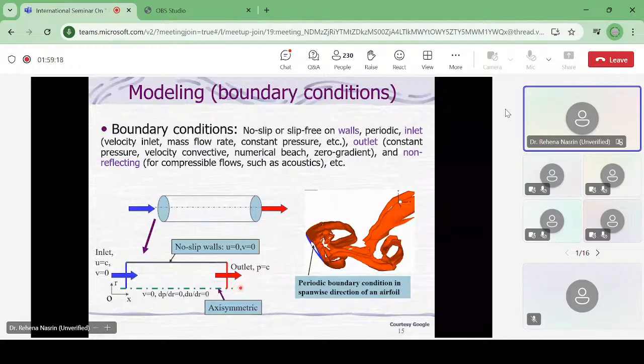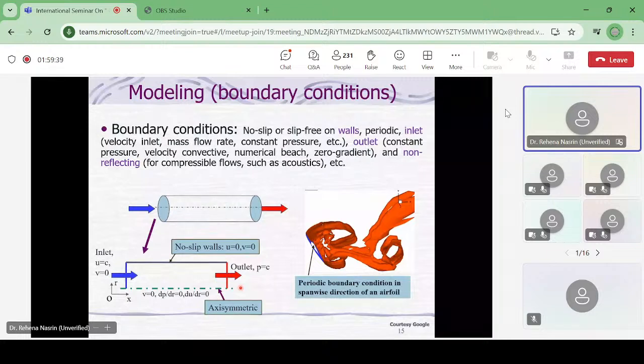Due to time consumption, also our computational facility, also our computational time, and your computer configuration, and many more things are dependent on this.